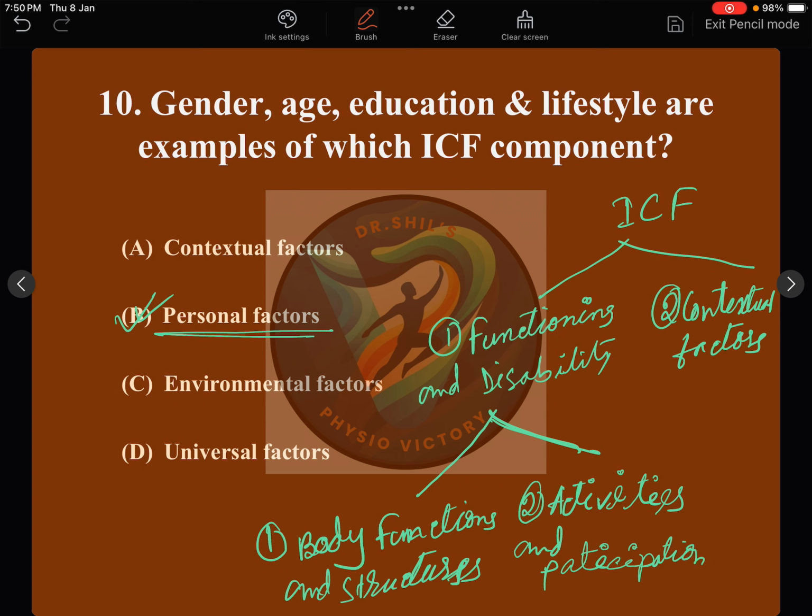And in contextual factors, there are also two things. One is environmental factor, and the other is personal factor.